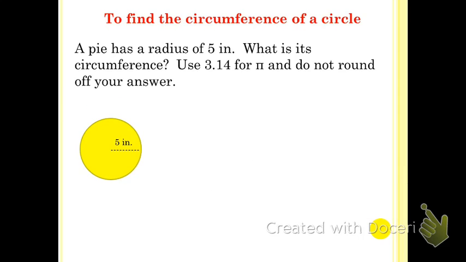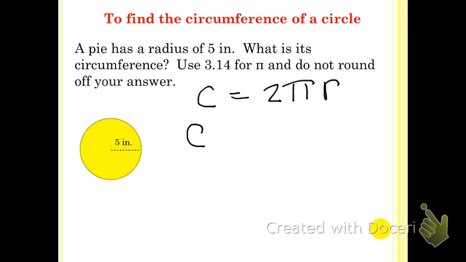A pie has a radius of 5 inches. What is its circumference? Use 3.14 for pi and do not round off your answer. Since we're given the radius in this problem, to find the circumference, I'm going to use the formula circumference C is equal to 2 times pi times the radius.